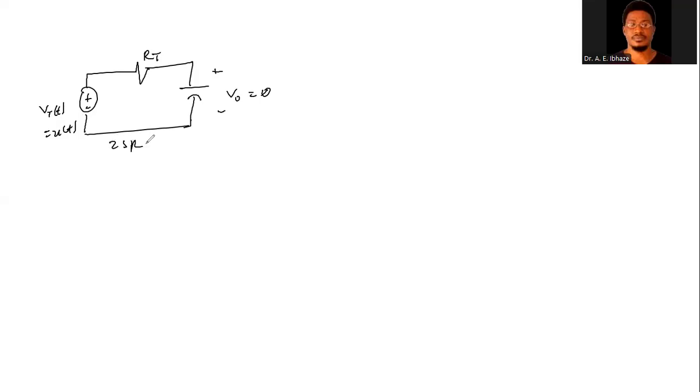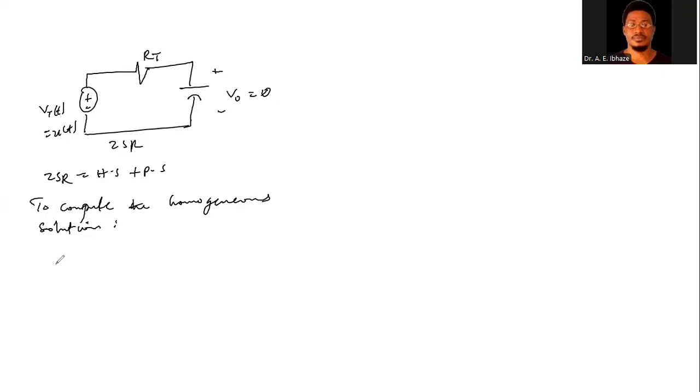Okay, now to evaluate this zero state response, we said zero state response is the same as the homogeneous solution plus the particular solution. And for us to compute the homogeneous solution, we evaluate the zero initial condition, right?